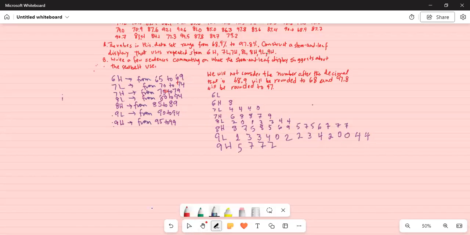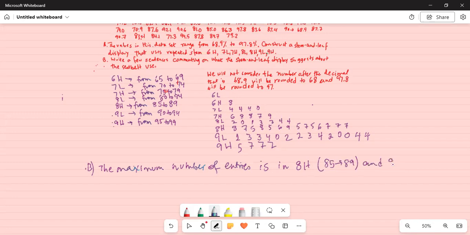So we make a note, part B. The maximum number of entries is in 8 high, that is from 85 to 89, and 9 low, which is between 90 to 94.